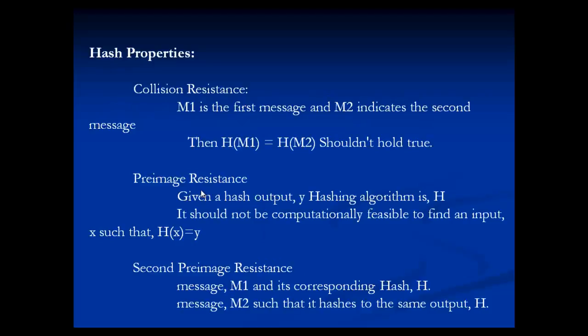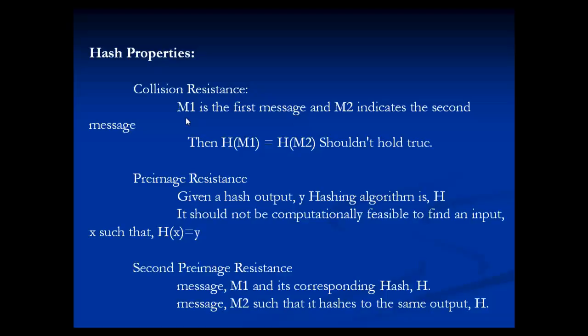Now we have three hash properties which are very important. The first one is collision resistance. If you take a message M1 and another message M2, and generate a hash of M1 and a hash of M2, these two hashes should not be the same.